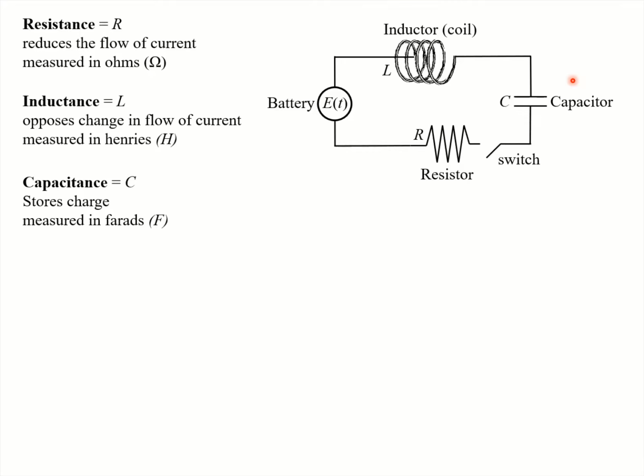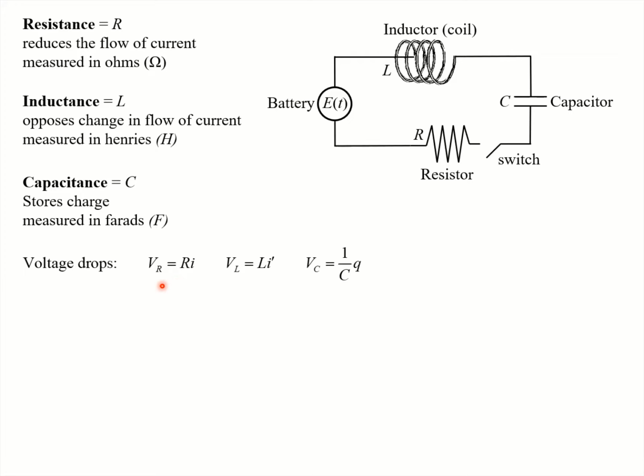So we get these voltage drops within this loop here, where we have V_R equals R times I. So this voltage drop due to the resistor is directly proportional to I, being the current.